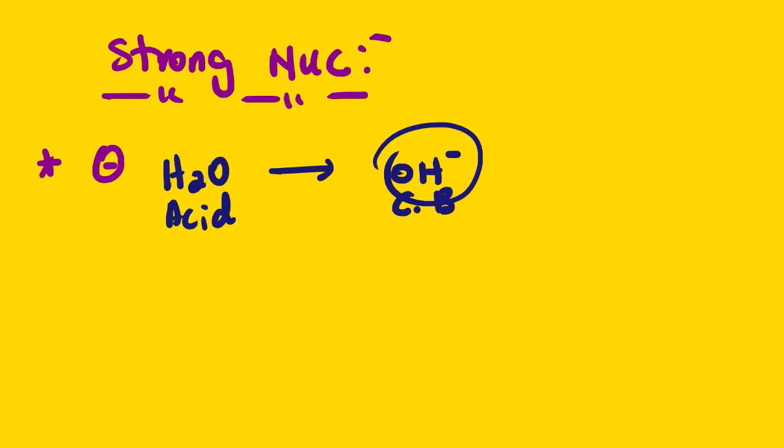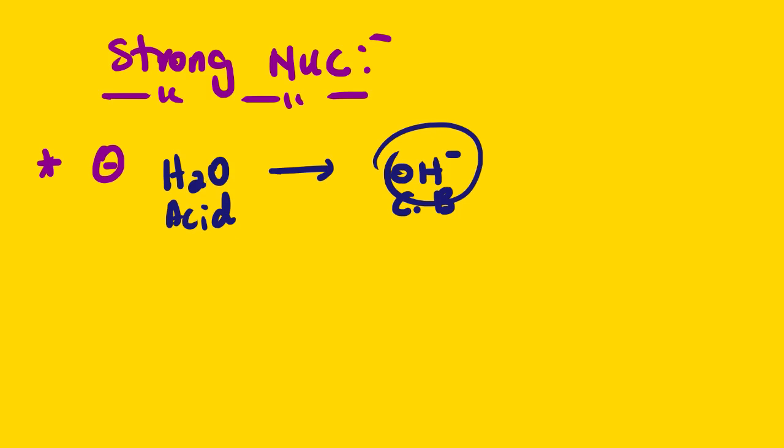So if you are able to identify all the weak acids and the strong acids, you should be able to know whether the conjugate base of each and every acid that you're dealing with is a strong or a weak nucleophile. So if we are to compare nucleophiles which have a negative charge and those that are neutral, we should know that the negatively charged nucleophiles are strong.